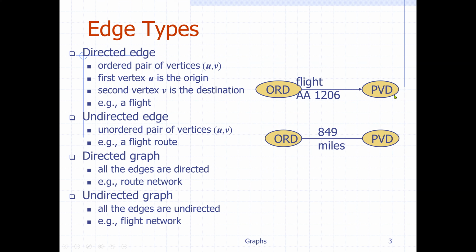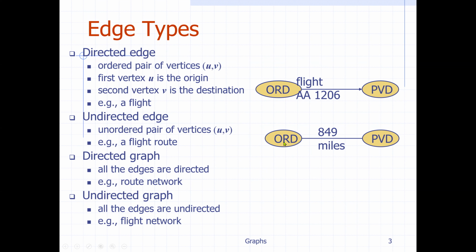So PVD will be our destination. We can see the arrow coming from ORD pointing toward PVD. So again, ORD is the origin, and PVD represents the destination. The edge here represents the flight number AA1206.